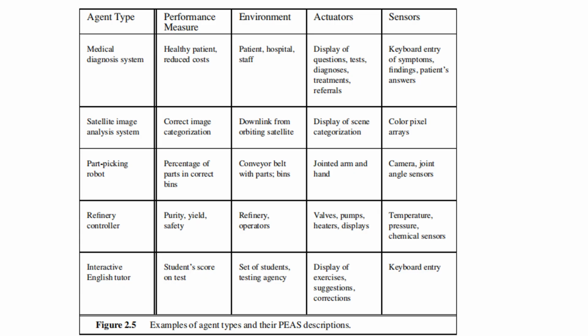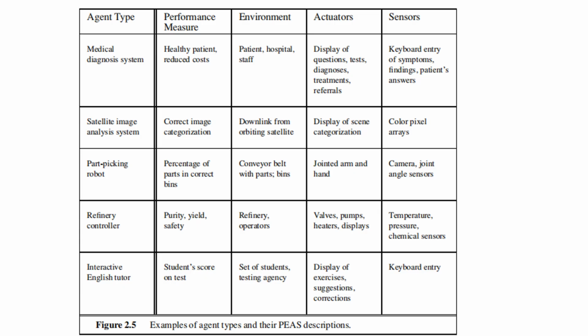Next is the part-picking robot. So here the performance measure is the percentage of parts in correct bins. The environment is a conveyor belt with parts and bins. Then actuators, jointed arm and hand, and sensors, camera, joint angle sensors. Then refinery controller.